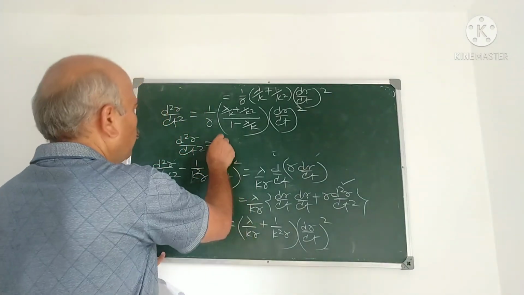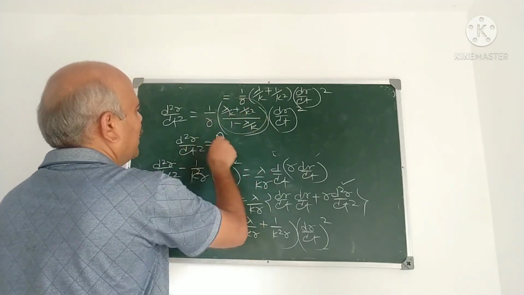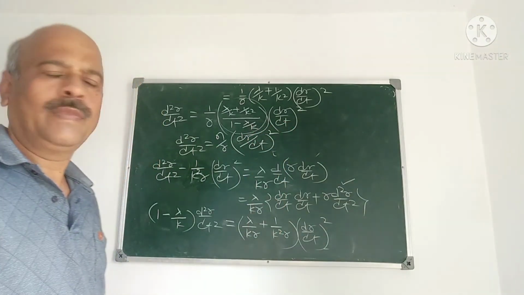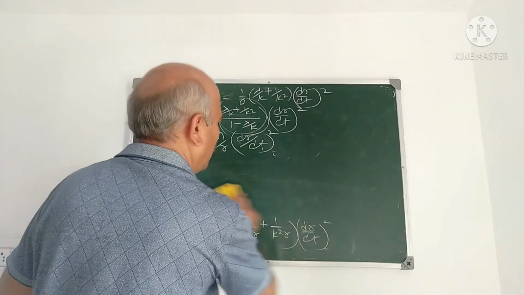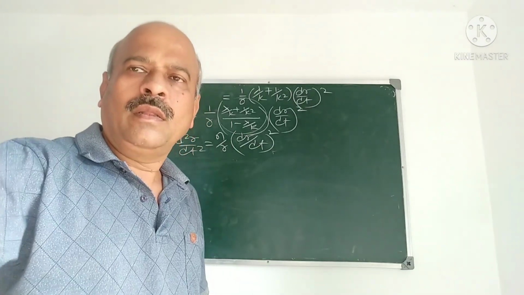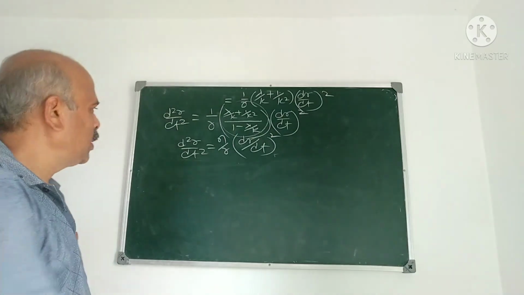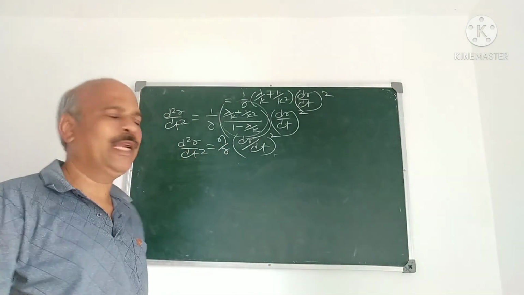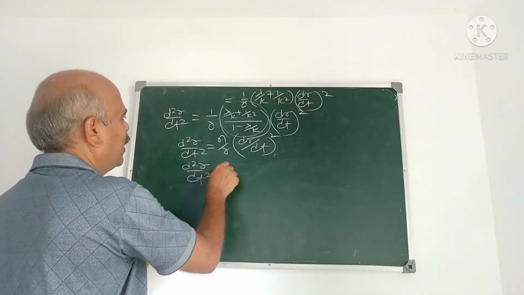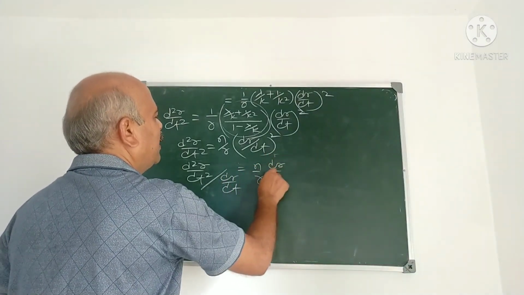Therefore d2r by dt square is equal to 1 upon r. I take this complete term as n, so it is n by r (dr by dt) whole square, taken as n because it is a constant. Therefore, simplifying, d2r by dt square upon dr by dt is equal to n by r into dr by dt.